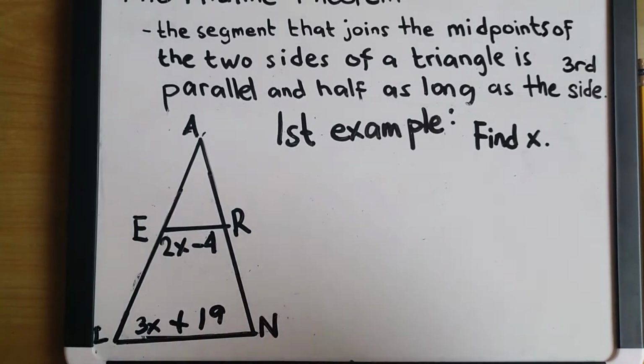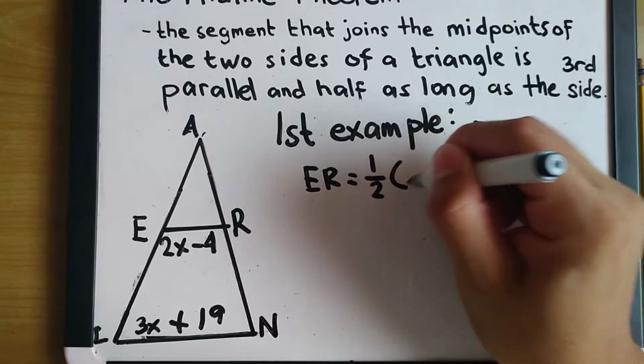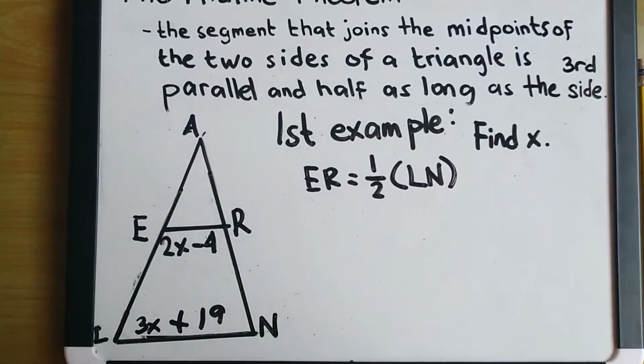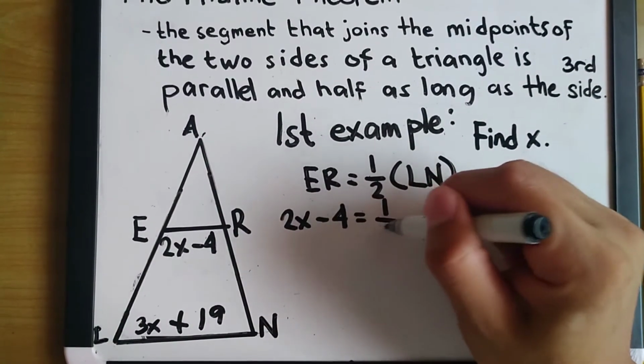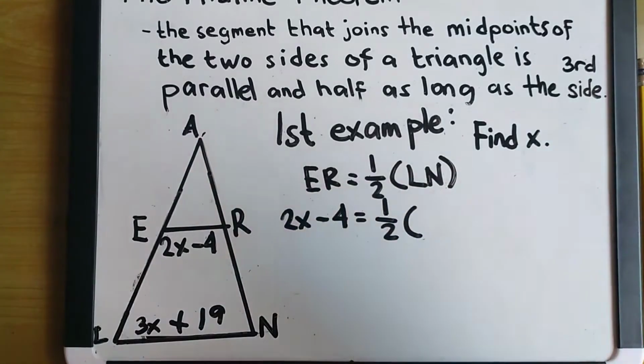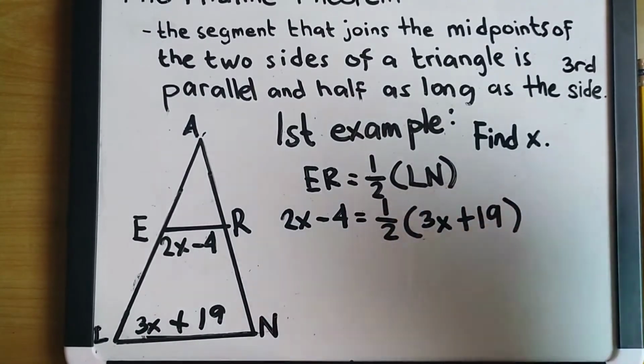So mid-segment ER is 1/2 the measure of side LN. The value of ER in this example is 2x minus 4, and the value of side LN is 3x plus 19. So that is our first equation.